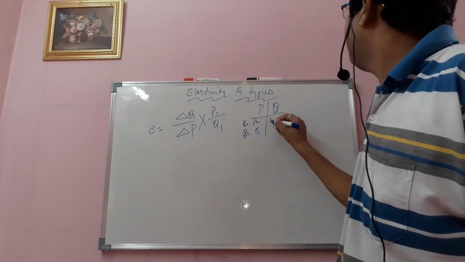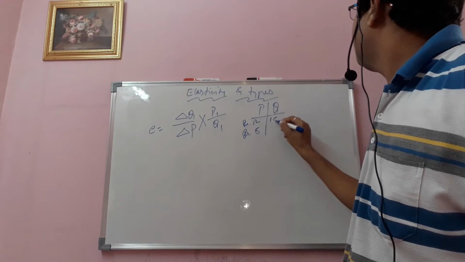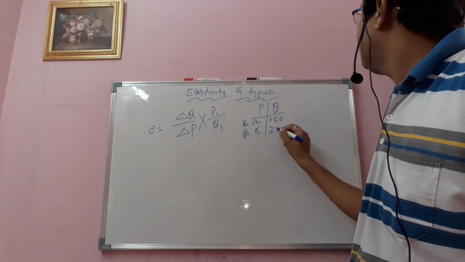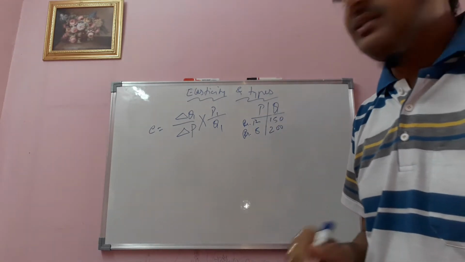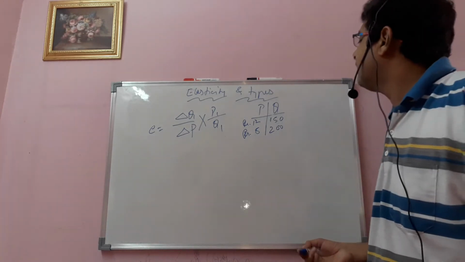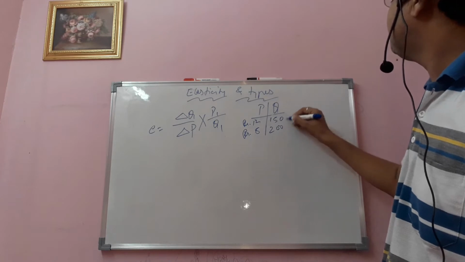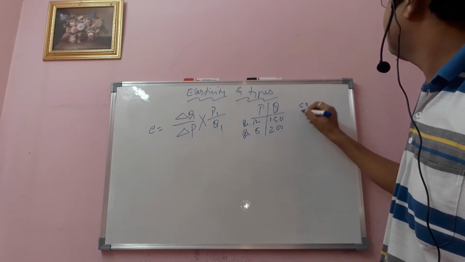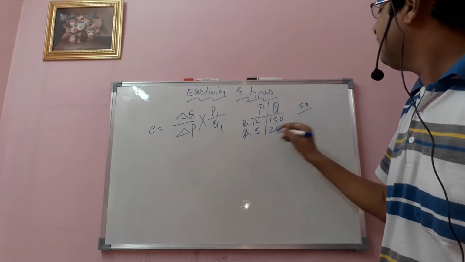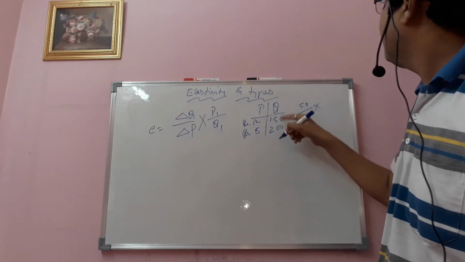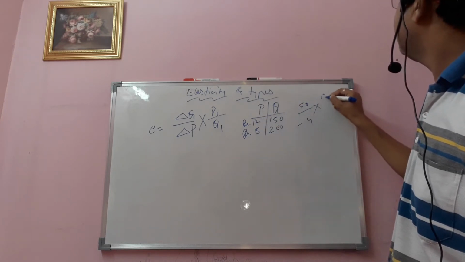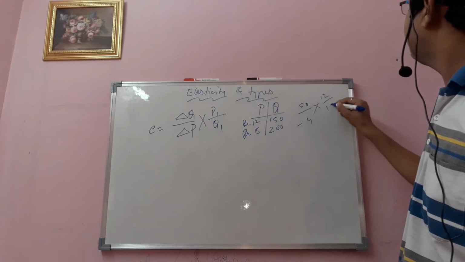It may rise from, say, 150 units to 200 units. How do we calculate? Use the formula. Change in quantity, delta Q, from 150 to 200, is a positive change of 50, divided by change in price, which is minus 4, into first price first quantity. First price is 12 divided by first quantity 150.